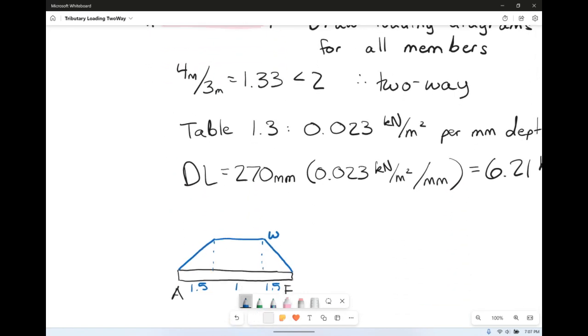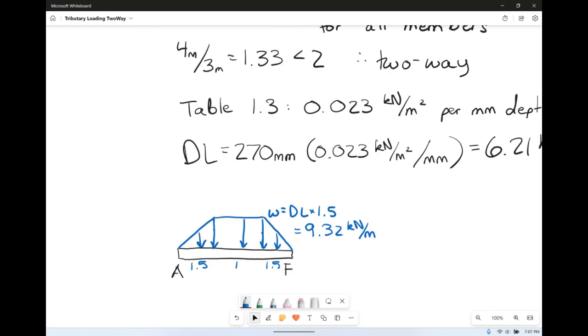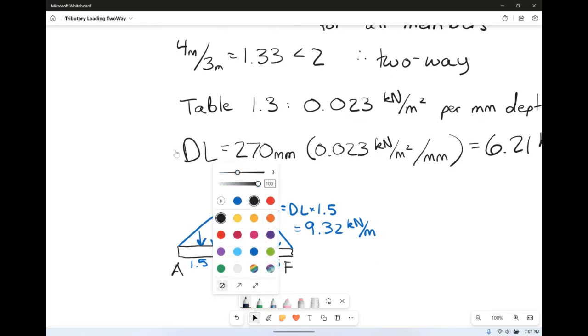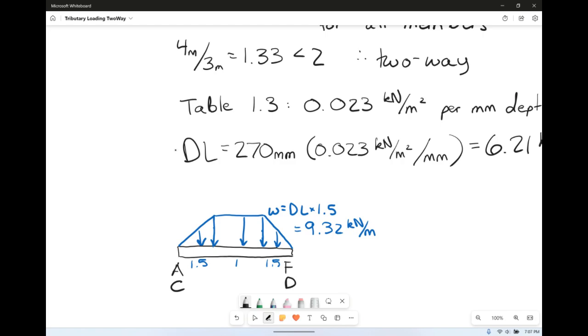So our W here is equal to the dead load times 1.5 meters, which gives us 9.32 kilonewtons per meter. So this is our loading diagram for AF, and do remember that is the exact same for CD. It doesn't change in the slightest.